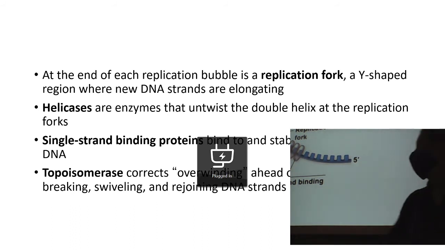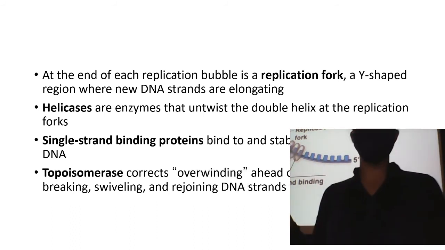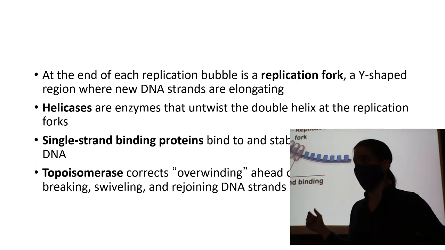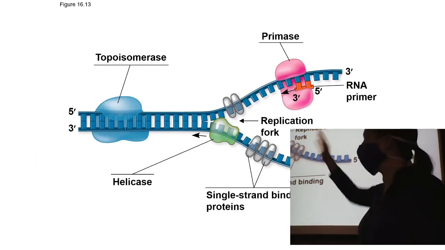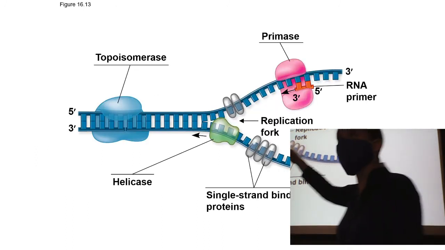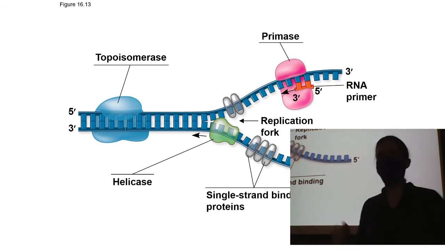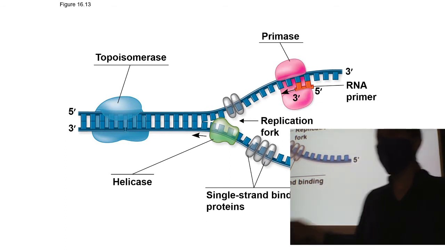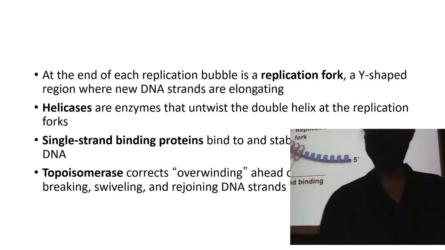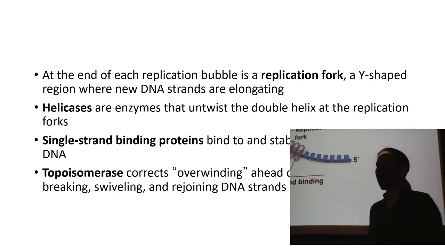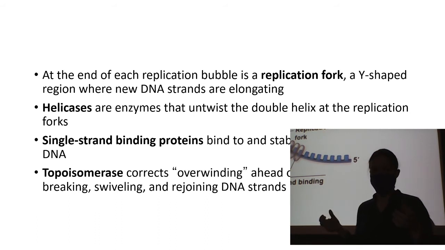So that thing that's called topoisomerase is going to solve the problem. It's this enzyme whose job is not unwinding, not opening up DNA, not replicating DNA, not stabilizing DNA. It's going to just correct the overwinding.